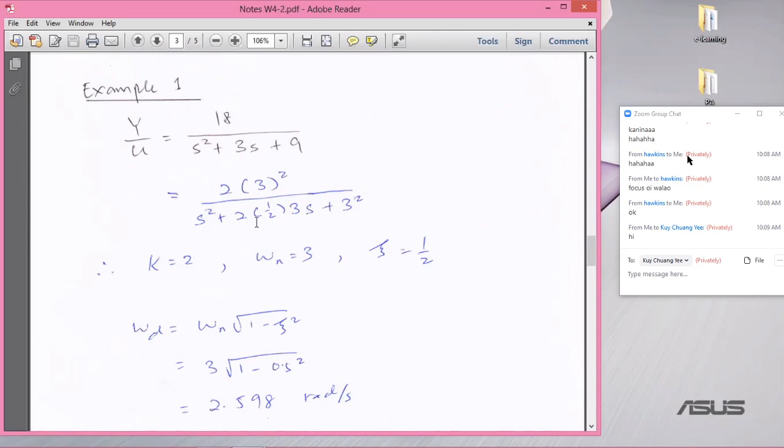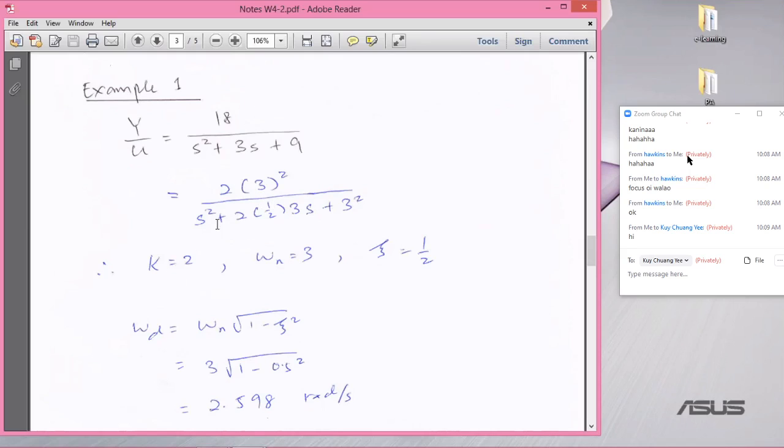So you can now see that 9 is 3 squared, 18 is 2 multiplied by 3 squared, and 3 is 2 times 1/2 times 3. So this is in the format of k omega n squared divided by s squared plus 2 zeta omega n s plus omega n squared. You just compare with the standard format.